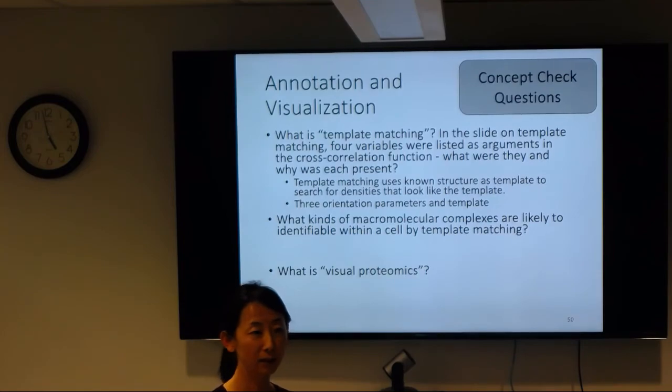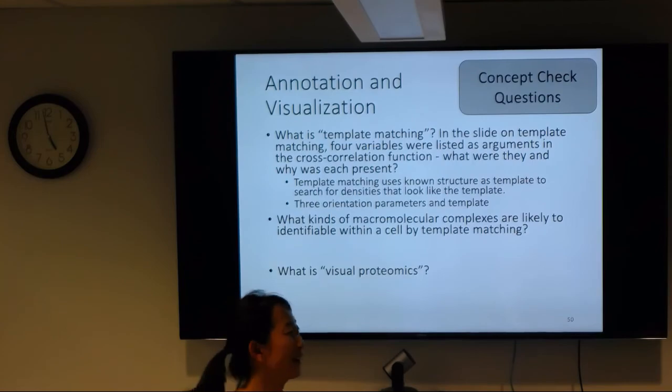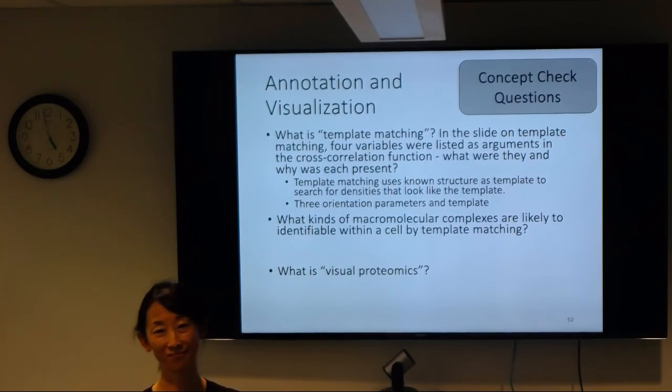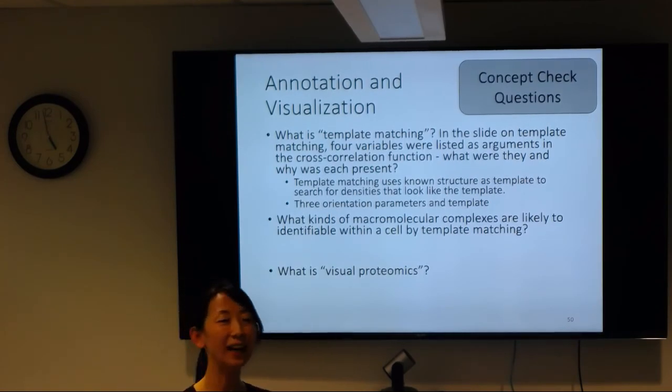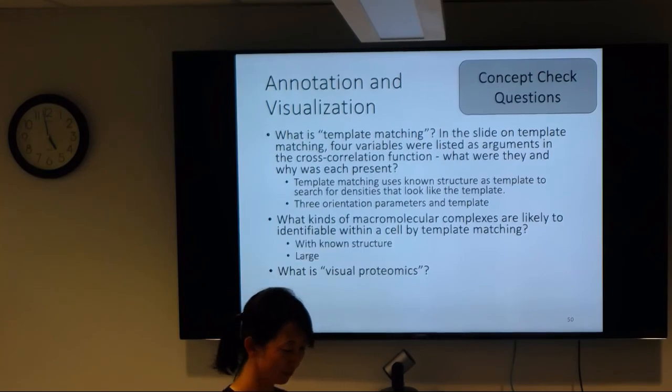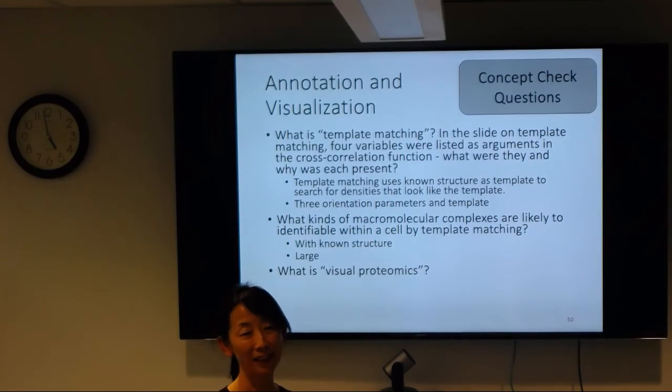What target is easy, what target is hard in template matching? Ribosomes are easy, because they're everywhere, and they're round and relatively large. They have a known structure, they're large, and they're everywhere, so they're easier to find.